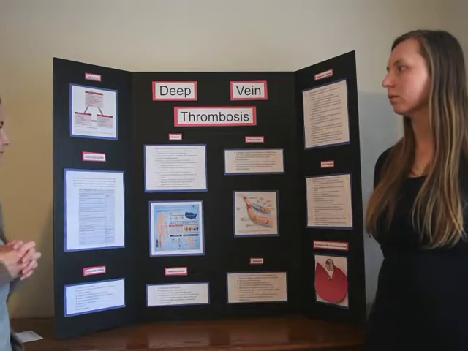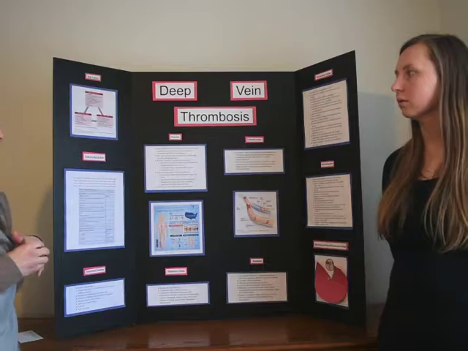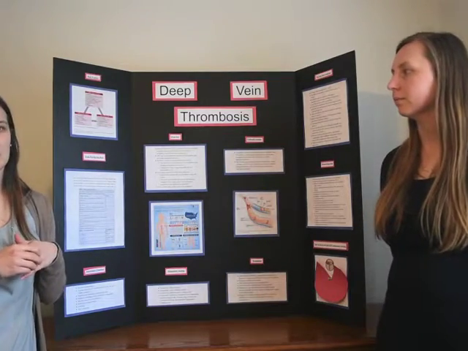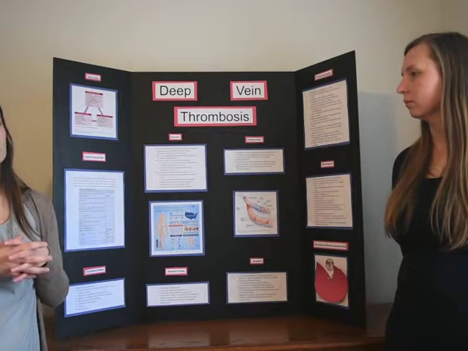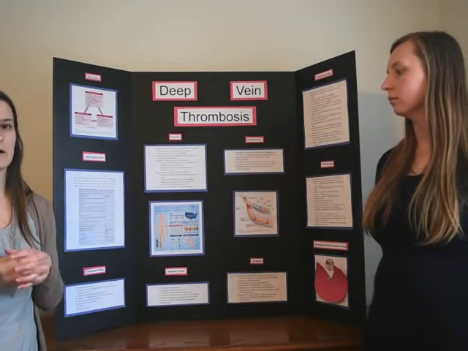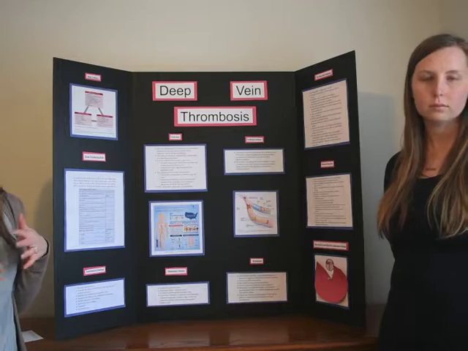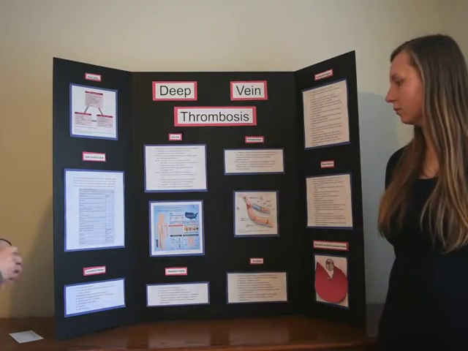And then the third part of the triangle is vascular wall injury, and that would be after surgery or trauma or something that provokes an insult to that area of the vein, starting the process of deep vein thrombosis.